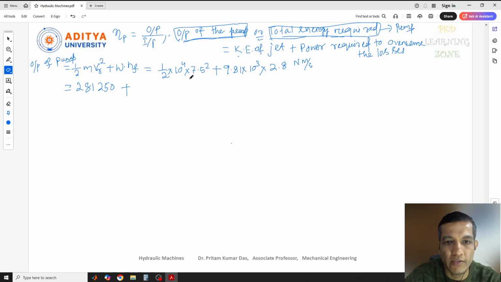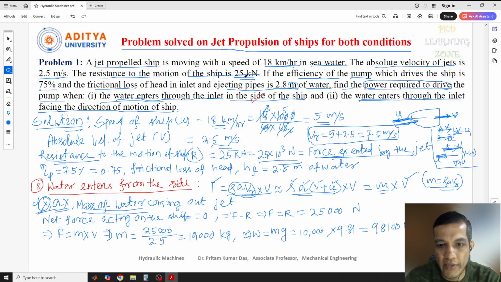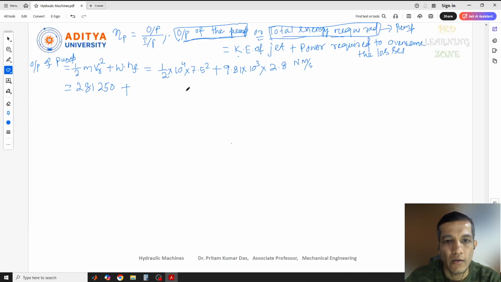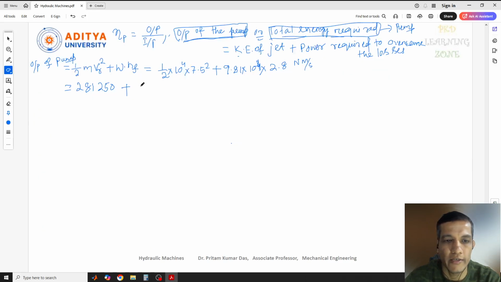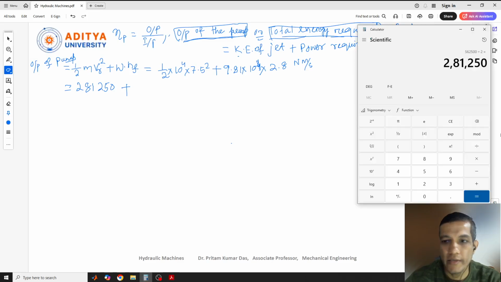This is one term, and the other term is 9.81 into 10 to the 4, which I previously wrote as 98,100. Anyway, let's calculate this.